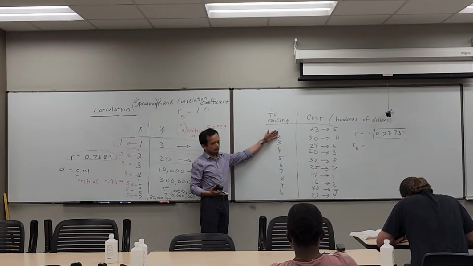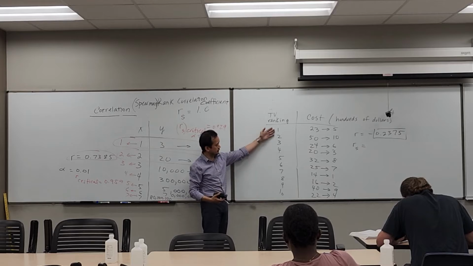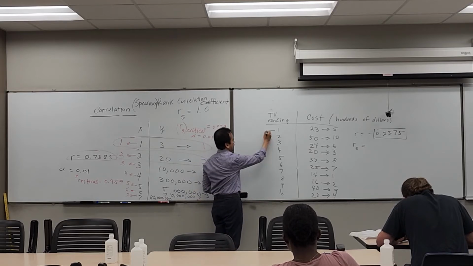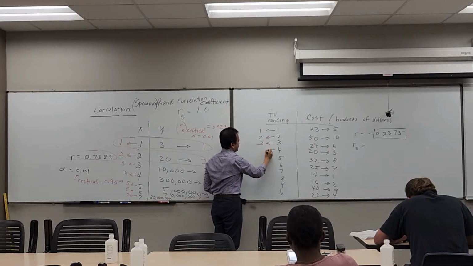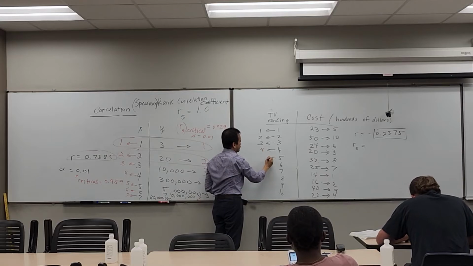And then you do the same thing for X's, but then you notice that the X's are already in their ranks. But just for due diligence, we can convert all their values into ranks.